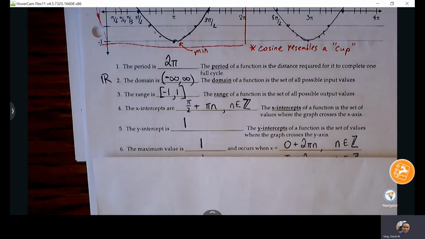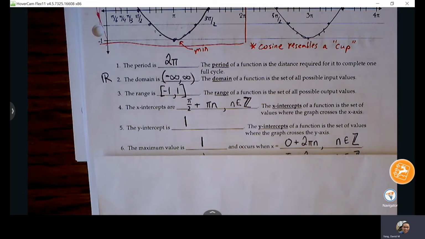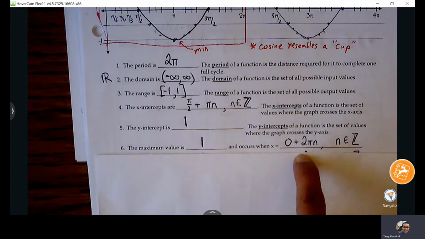Okay, minimum value, -1. Yes. Could you say multiples of 2 pi? Yes, it's multiples of 2 pi, but this 2 pi n is a more mathematical way of writing it, so I think we're going to prefer that you write it in this form. Okay.